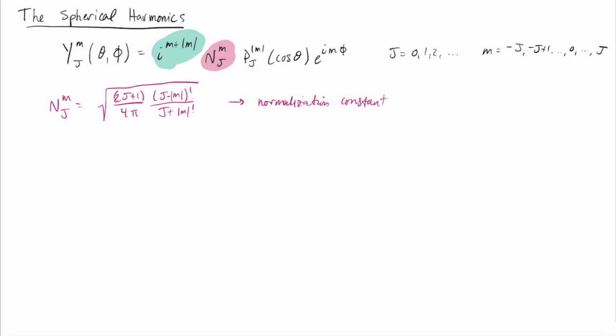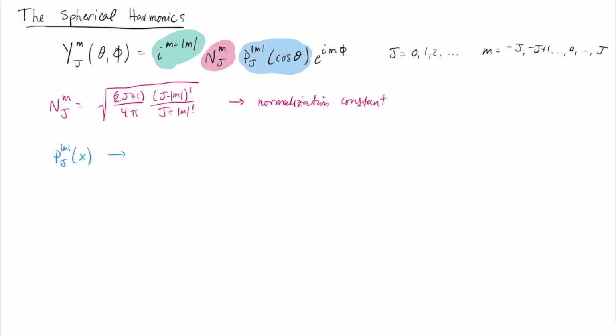So the integral over all space of the spherical harmonic, or actually this integral over the solid angle of the spherical harmonic, is 1. The next piece is this function P, where you notice that the argument to this function P is cosine of theta. P_j^|m| of x, right, putting in x instead of cosine of theta for a second.